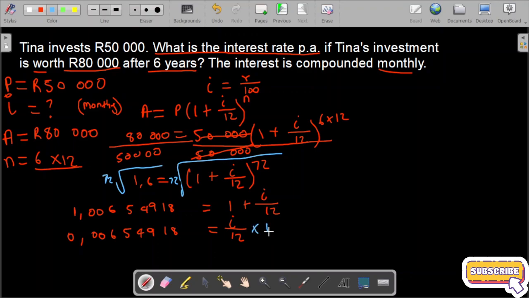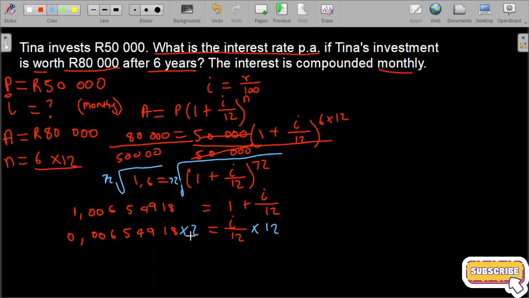I'm going to times by 12 both sides. After timesing by 12, I'm going to get 0,078 590 1707 equals I.